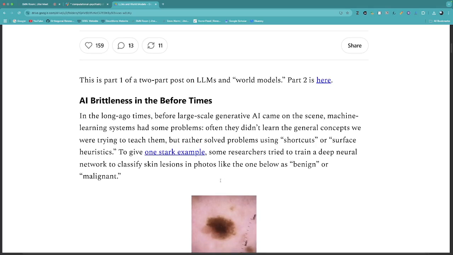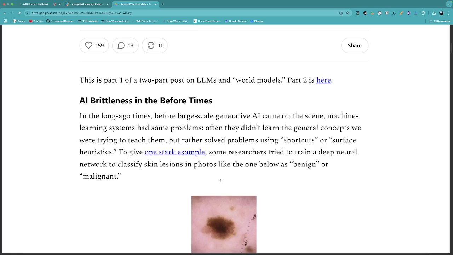So she talks about AI brittleness in the before times. In the long ago times, before large-scale generative AI came onto the scene, machine learning systems had some problems. The first is often they didn't learn the general concepts we were trying to teach them, but rather solved problems using shortcuts or surface heuristics.